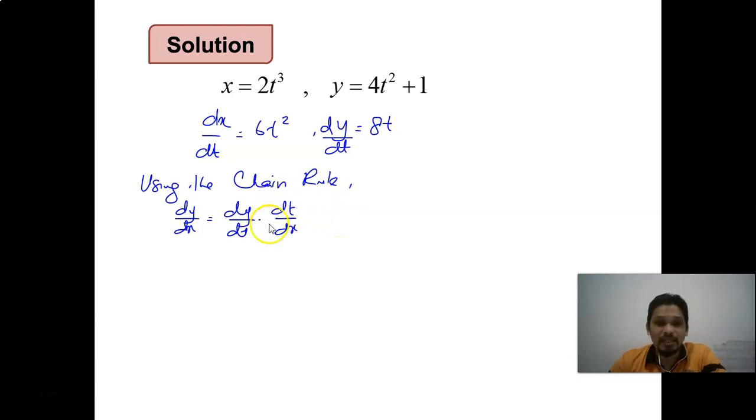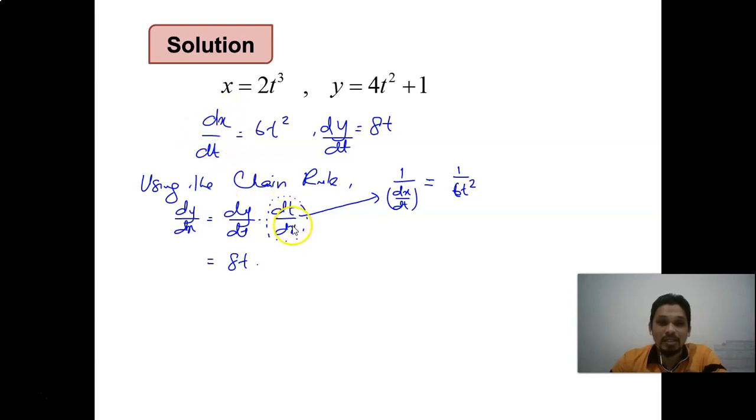Before that, for dt/dx, by looking at what we have here, we got dx/dt. So dt/dx is 1 over dx/dt, which is 1 over 6t squared. So dy/dt equals 8t, and dt/dx is 1 over dx/dt, which is 1 over 6t squared.